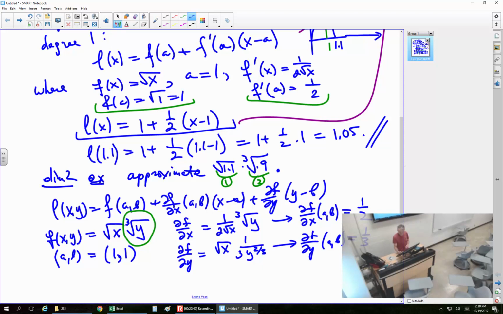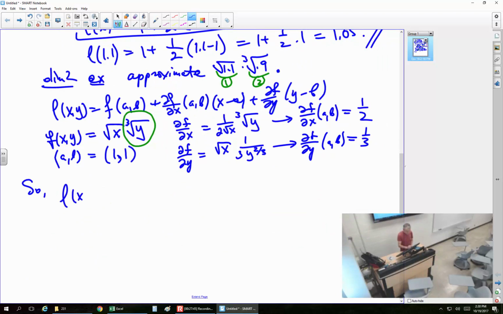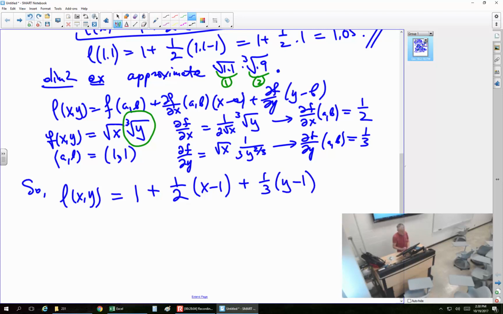So that's pretty much it. I'm ready to write my approximation. L of x,y is equal to the value of the function, which is still 1, plus the first partial derivative gives me the slope, 1/2 times x minus 1, plus the next one, 1/3 times y minus 1. And well, that's it. As you can see, that certainly is quite a simple function. And now all that remains is to plug in 1.1 and 0.9, the two different variables that I'm plugging into my function.